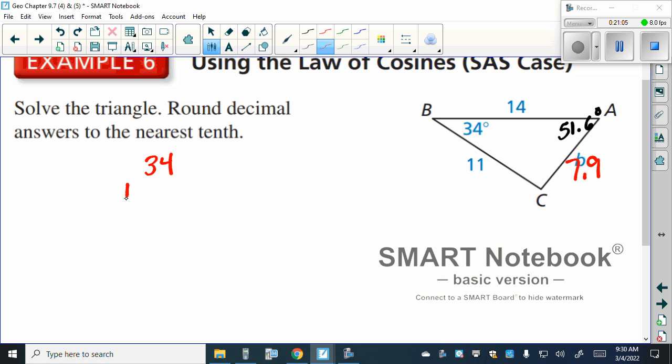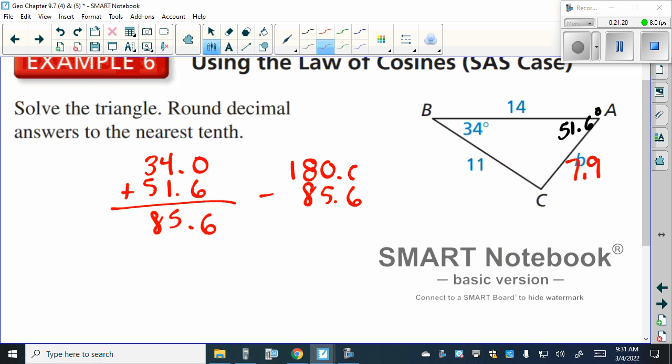So 34 plus 51.6 is 85.6. Subtracting from 180 gives us 94.4, that makes C 94 point 4.